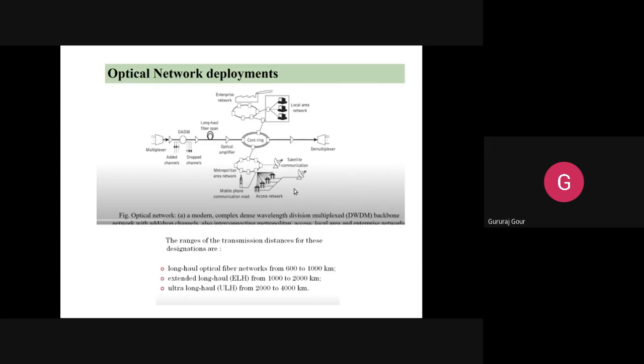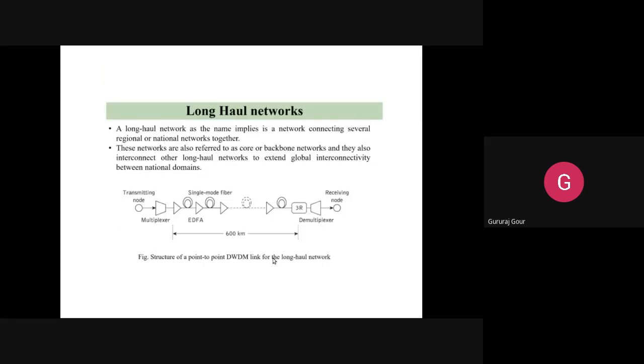So the ranges of the different optical networks. In that, the first one we are going to look at is the long haul networks. Long haul networks mainly correspond to ranges up to 200 or 600 kilometers. Here you can see the brief structural diagram of this long haul network, consisting of a transmitting and a receiving node. In between, we have trapeziums, which indicate multiplexers and demultiplexers, followed by the amplifiers.